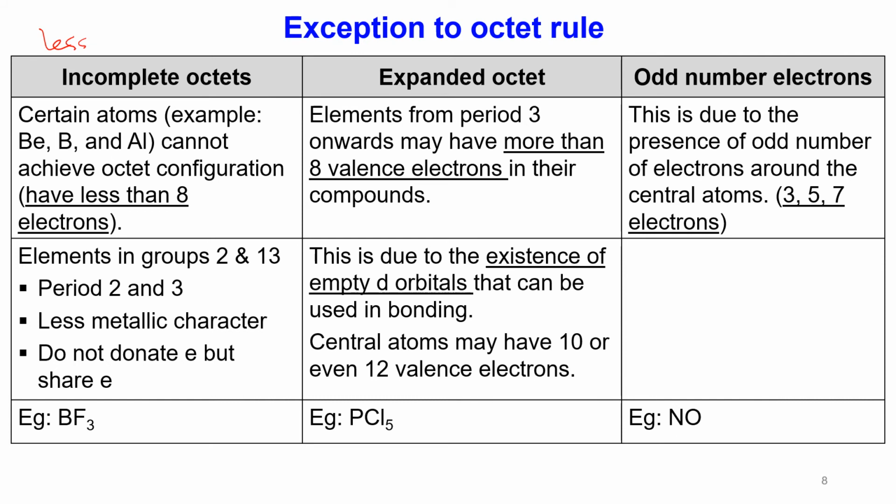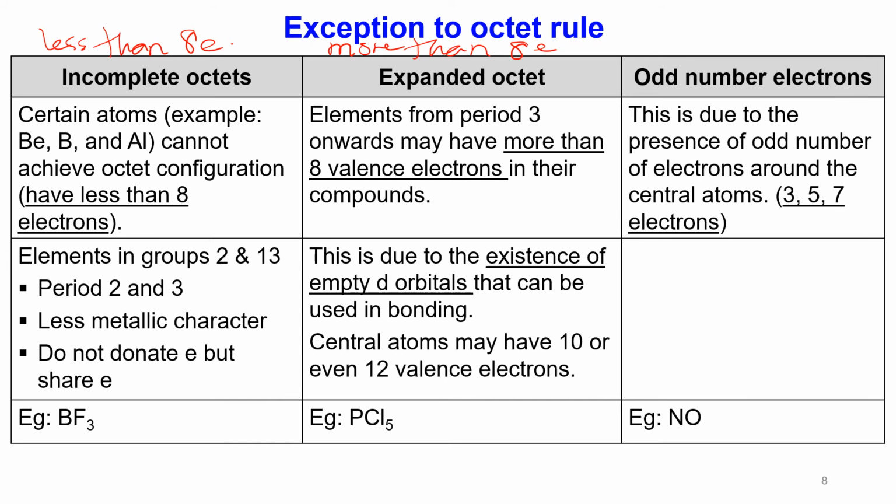Incomplete means less than 8 electrons. Expanded octet: elements from period 3 onwards may have more than 8 valence electrons in their compounds. Expanded means more than 8 electrons. This is due to the existence of empty d orbitals that can be used in bonding.